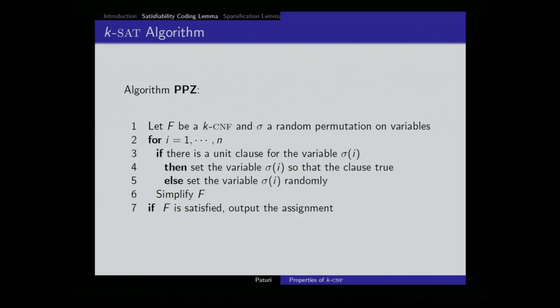You didn't have to make any decisions, no random choice. That was forced. So you get these forced decisions essentially. And if there is no unit clause for that variable, we simply guess its value with equal probability. So that's basically the assignment. If that process results in a satisfied formula, then we output the assignment.